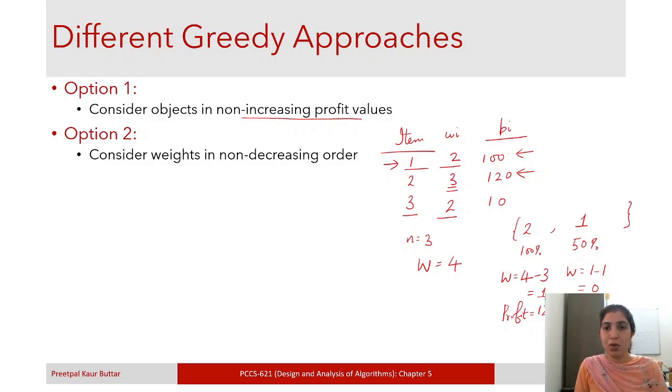Which is the minimum weight? Item 1 has weight 2 and item 3 also has weight 2. So there is a tie here. Let us say we pick item 1. Above is the solution which we got using option 1, and let me write the solution using option 2 here.